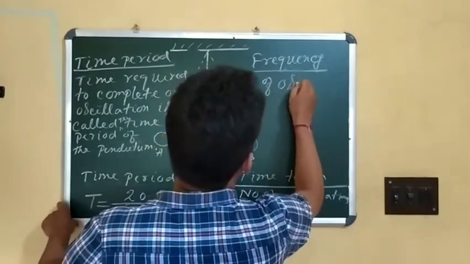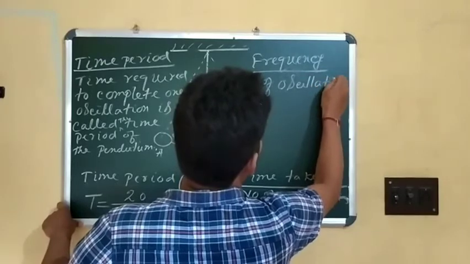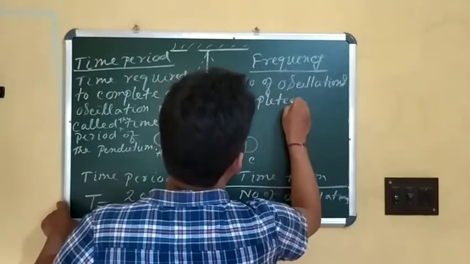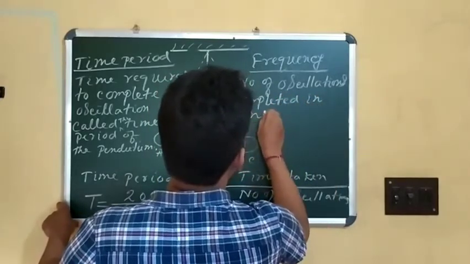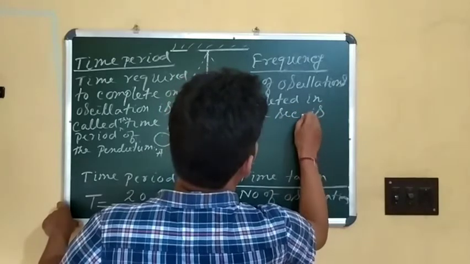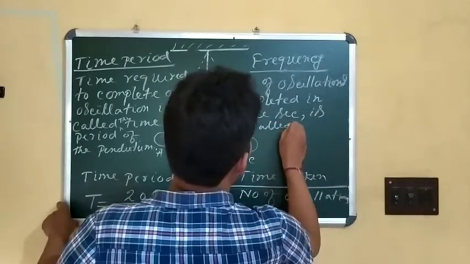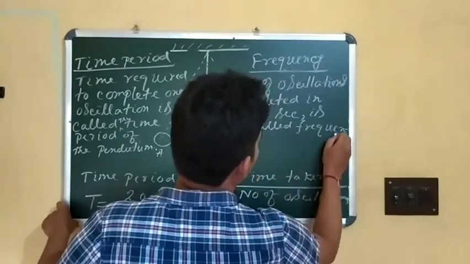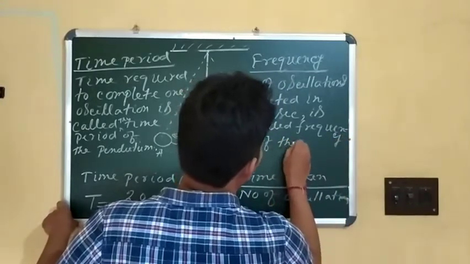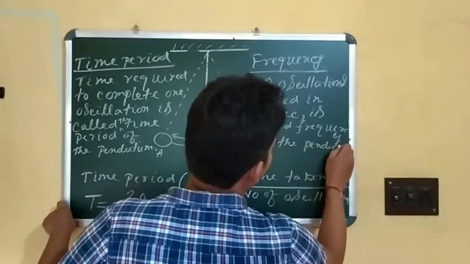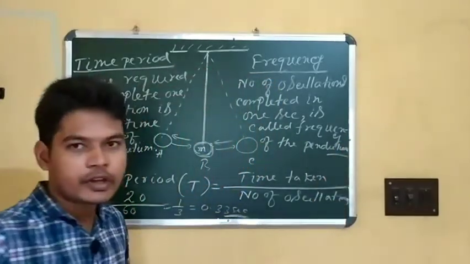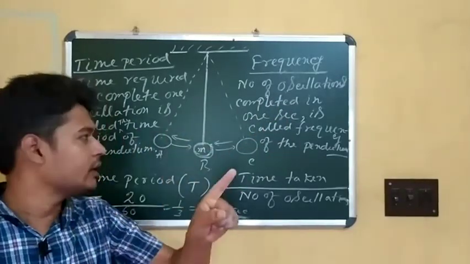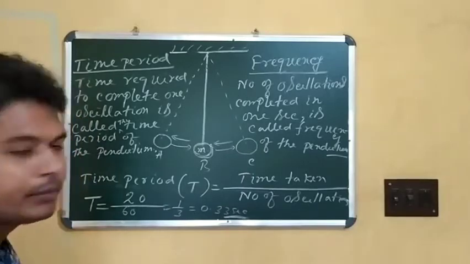Number of oscillations completed in 1 second is called the frequency of the pendulum. Okay, so number of oscillations completed in 1 second, that is called the frequency of the pendulum.